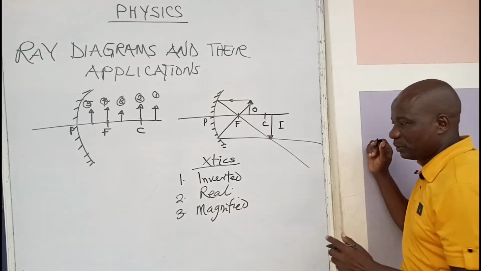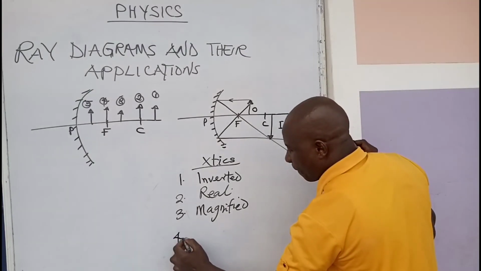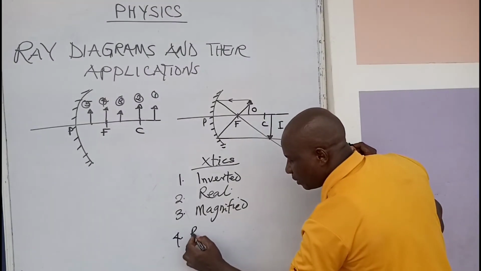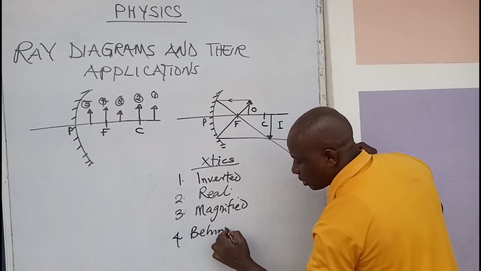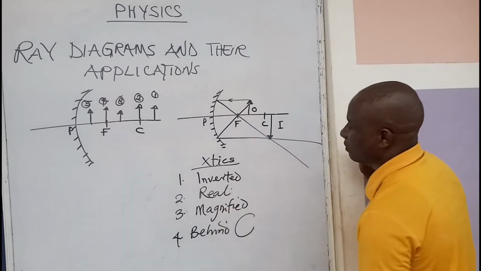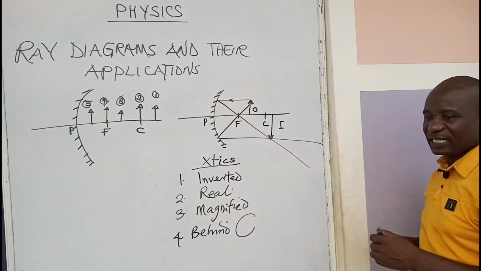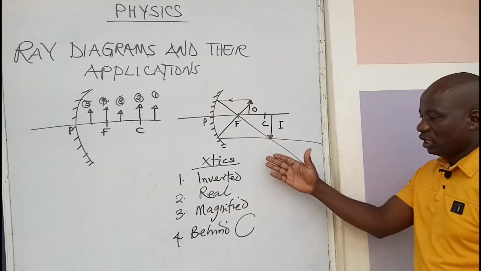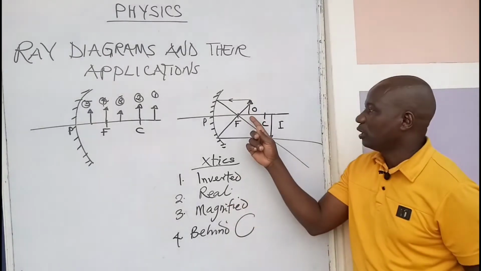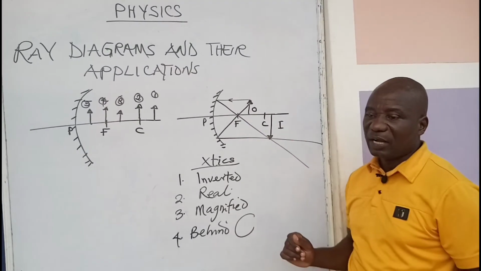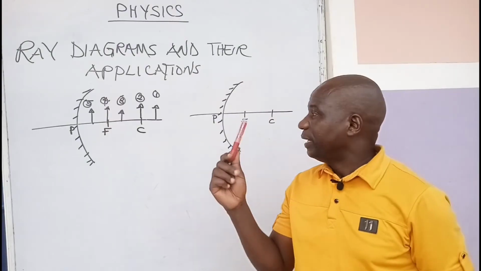And four, it is behind C. Behind what? Behind C. Are you getting it now? Those are the characteristics of the image formed when the object is placed between F and C. Is that understood? Now, the next one.